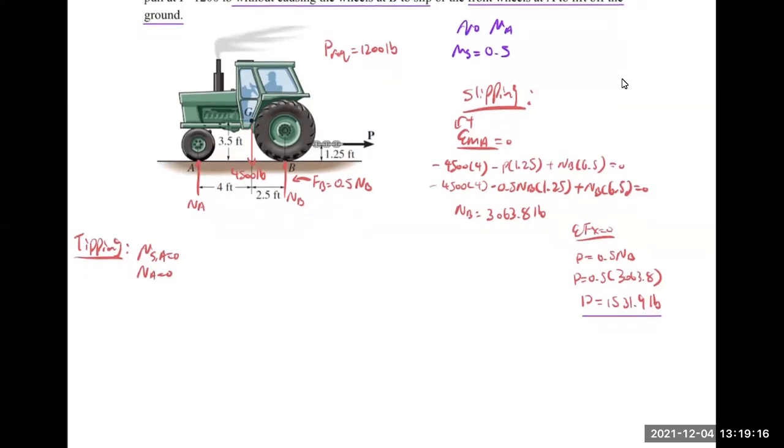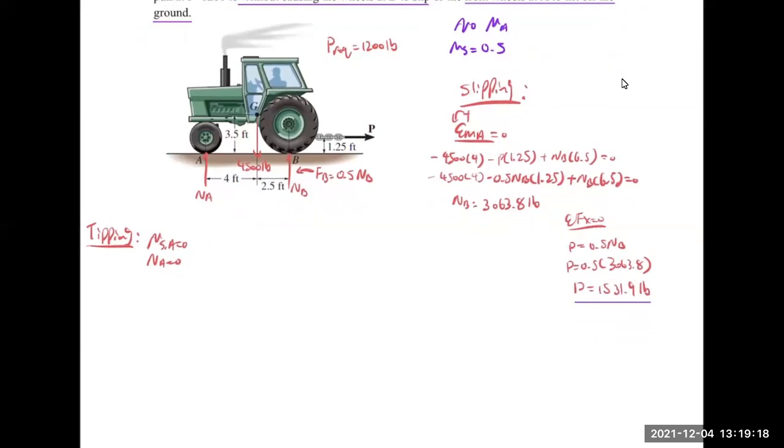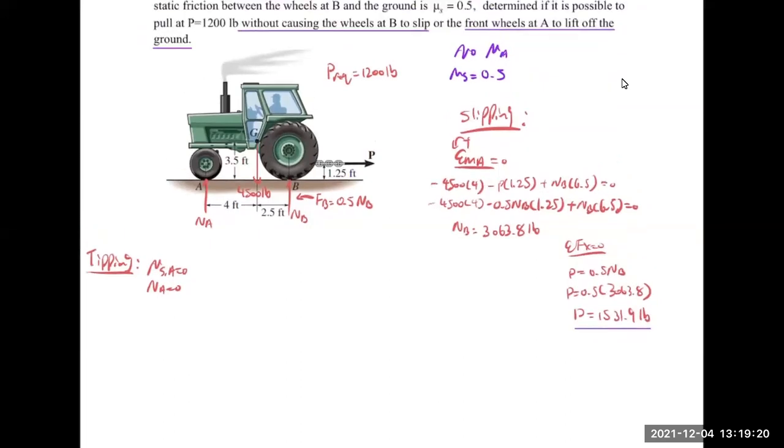So right now we have to take a moment about point B, because the problem is asking if the front wheel at A will lift off the ground. So summation of moments at B. I have this P going to B, that's going clockwise with a perpendicular distance of 1.25.